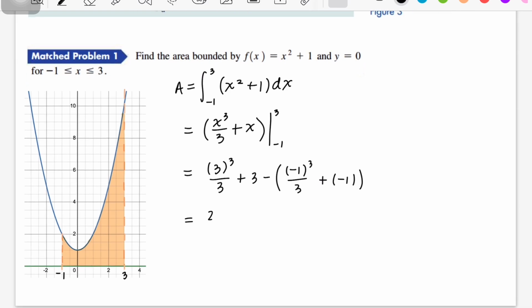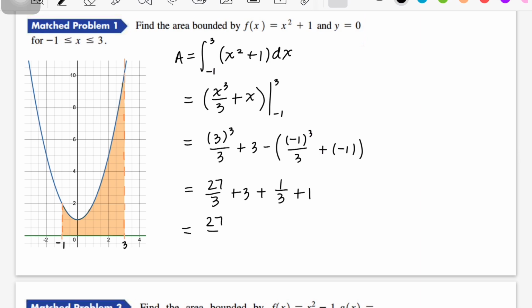So we'll get 27 over 3 here plus 3 minus, this is going to be a -1, so this will be a plus here, 1 over 3 plus 1. Right, this is a minus here, but this minus applies to this, so we get plus 1.